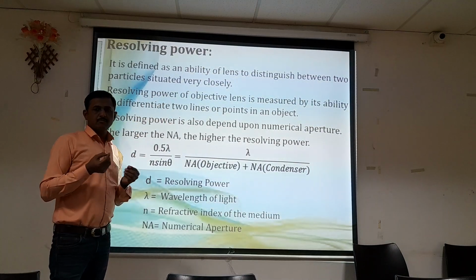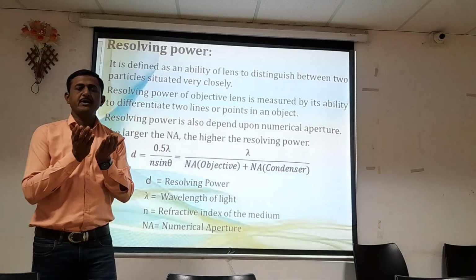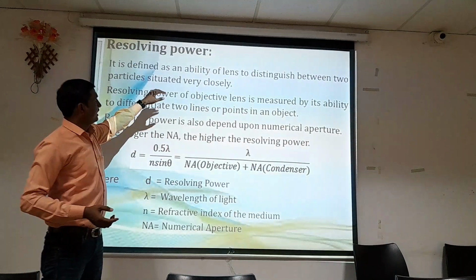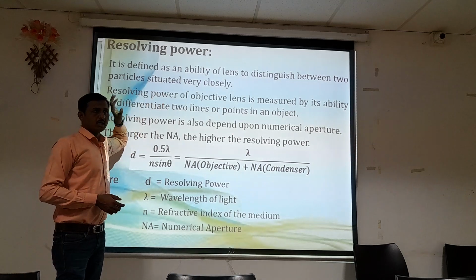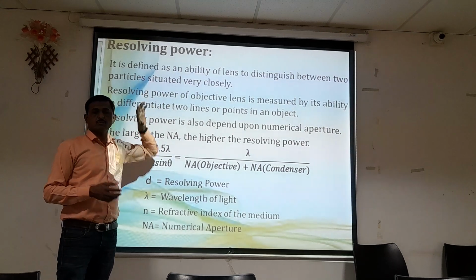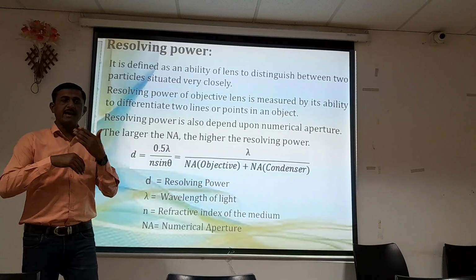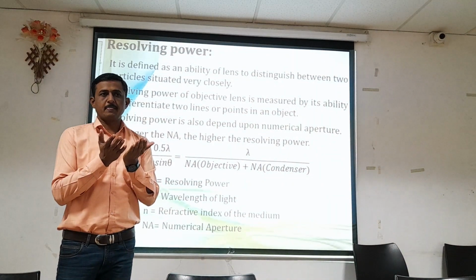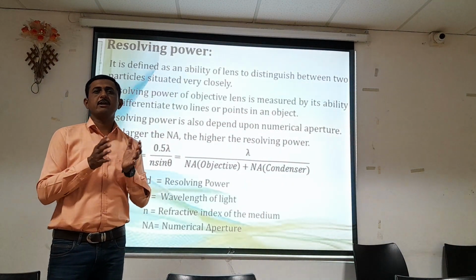As they are very small in size, they appear very close together. So by using resolving power, we can see that though they are situated very closely, they appear as if they are separated from one another.